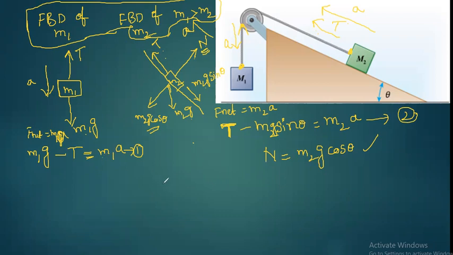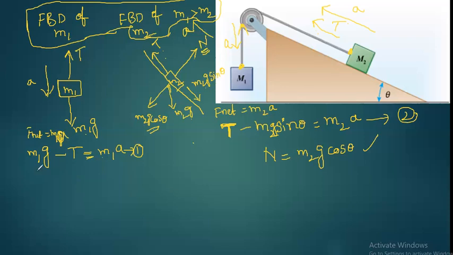Substitute. Now, can we calculate T of equation 1 in equation 2? So can we calculate T from this first equation? T is equal, so can I send T to that side?